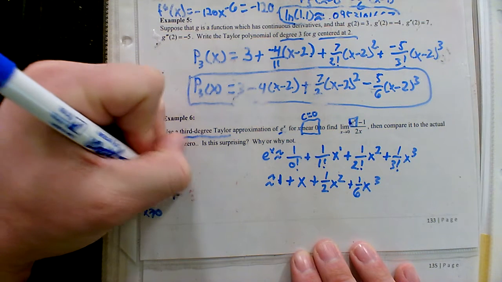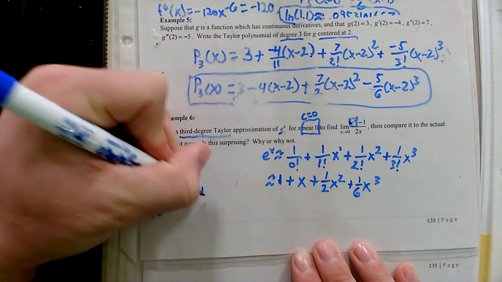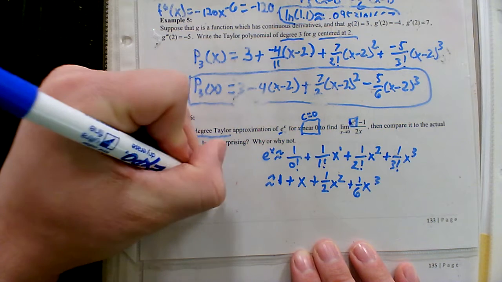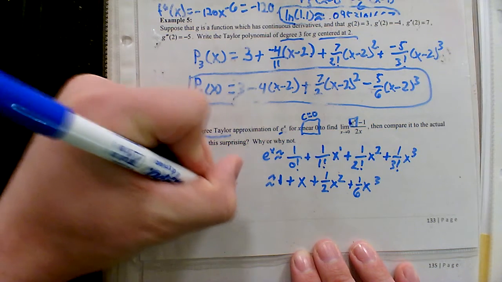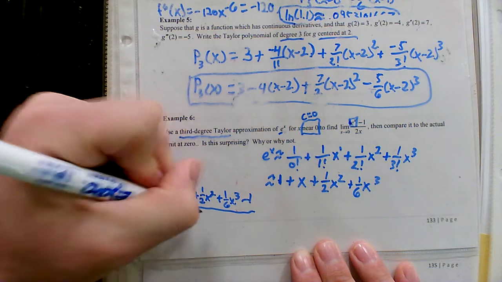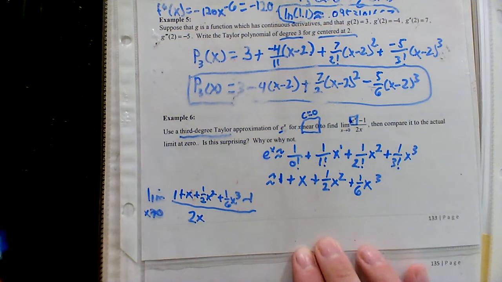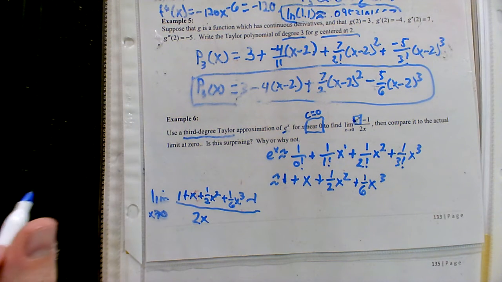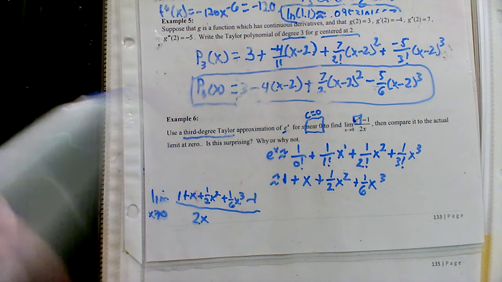So we have 1 plus x plus 1/2 x squared plus 1/6 x cubed, and then there's a minus 1 up there, over 2x. So again, we're using the approximation for e to the x to find this limit.